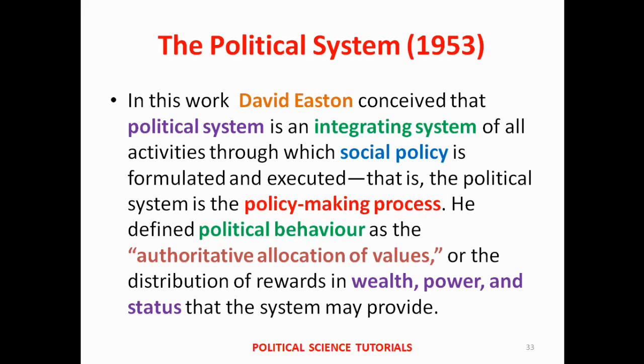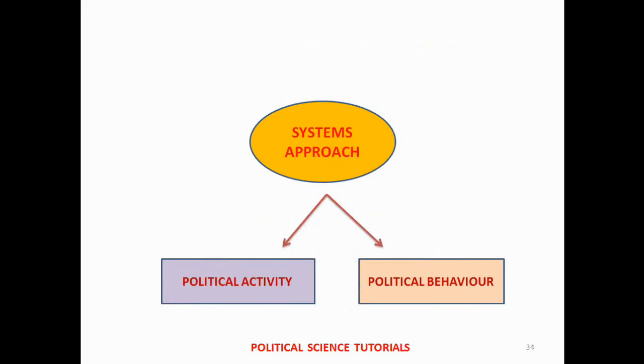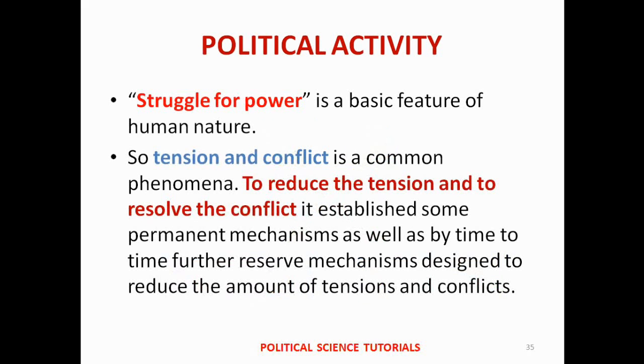He defined political behavior as the authoritative allocation of values, which is his famous concept also. What does he mean by authoritative allocation of values? It means distribution of wealth, power and status by the authority, which he termed as political behavior. So, in Easton's concept of systems analysis, the concept of political activity and political behavior is in main focus.